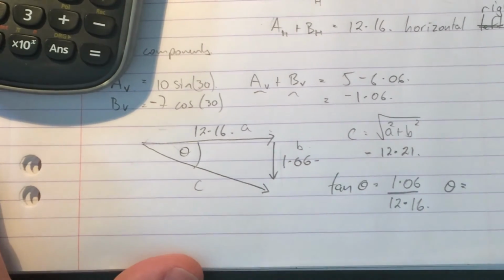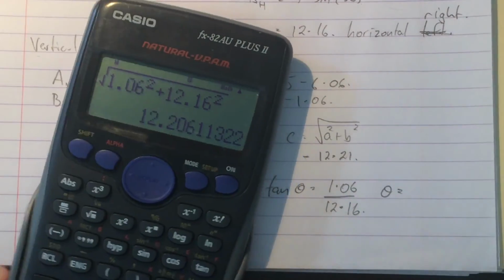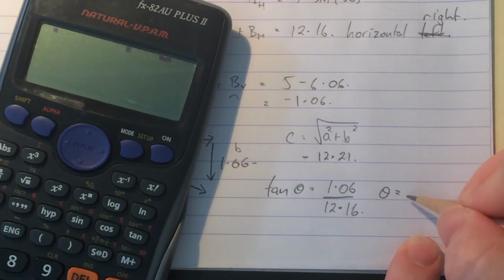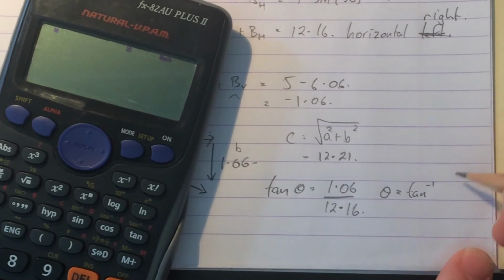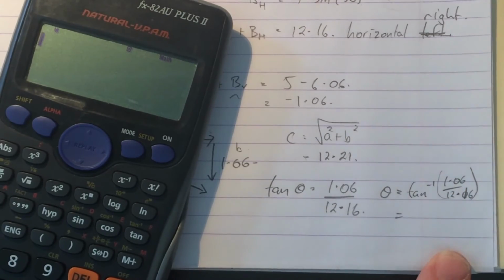So theta then will be equal to the inverse tan of 1.06 over 12.16.